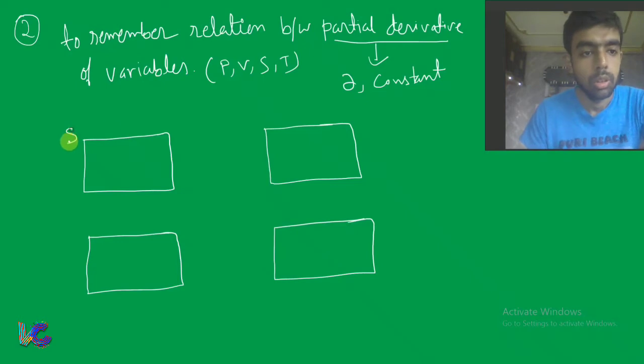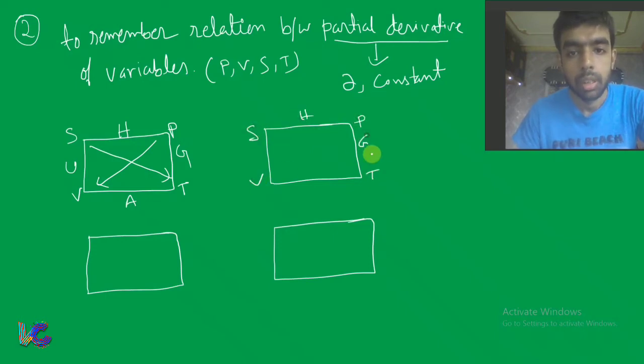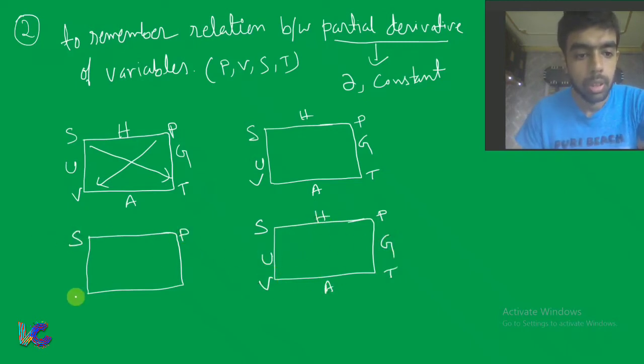Even if you do not write this H, G, A, U, it does not matter, but still I am writing. So from S to T, P to V. The arrows are like this.